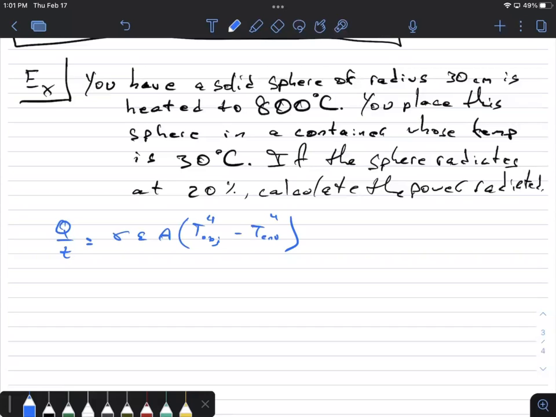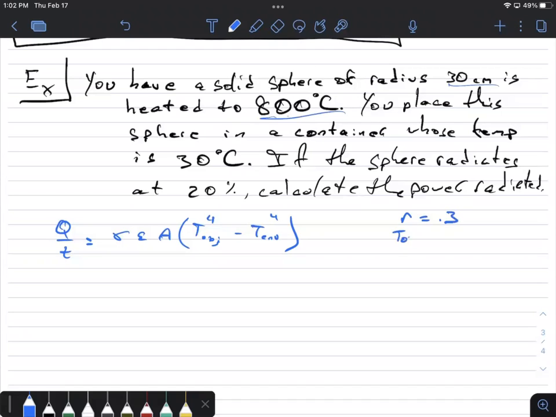Well, before I start plugging the numbers in, let me make sure everything in my problem is of the correct units. Well, first of all, I have a radius here, which is 30 centimeters. So I'm going to have to convert the radius to 0.3 meters. Next, I see the temperature of the object is given in Celsius.